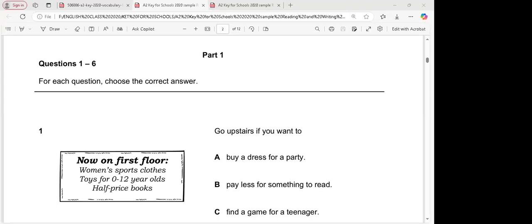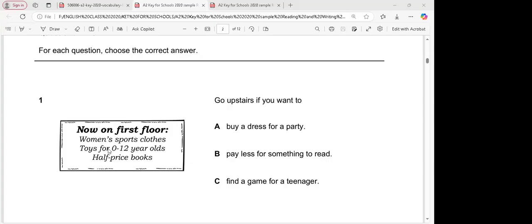See the first question. Now on first floor, women's sports clothes, toys for 0 to 12 year olds, half price books. Okay, it's a notice, right? Giving some information. Go upstairs if you want to buy a dress for a party, pay less for something to read, find a game for a teenager.